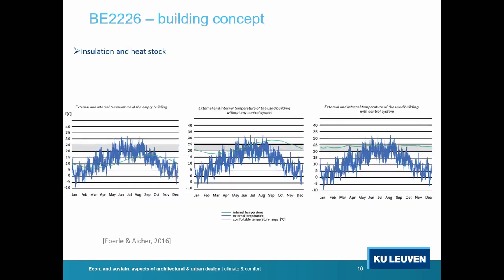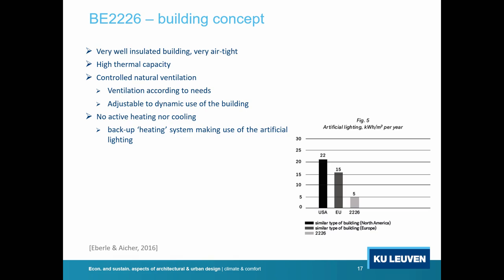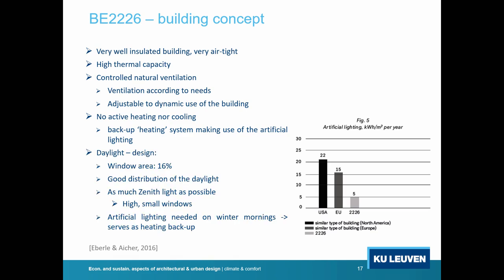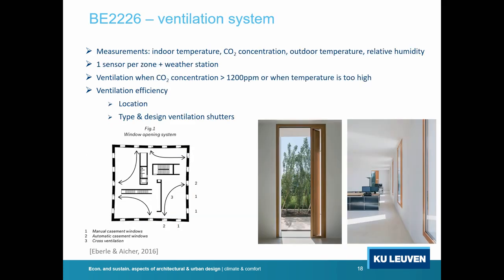All right. I just wanted to introduce this building to show that also in contemporary buildings, we can use these learnings from traditional buildings and climate conscious design to create modern buildings with good thermal comfort inside without active heating and cooling. Something important that they did as well is having high ceilings.